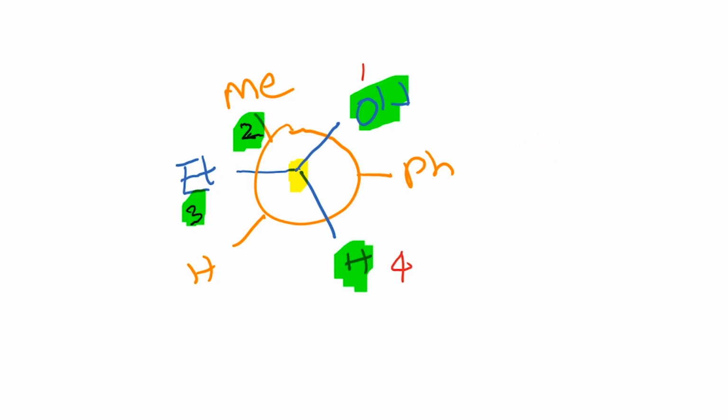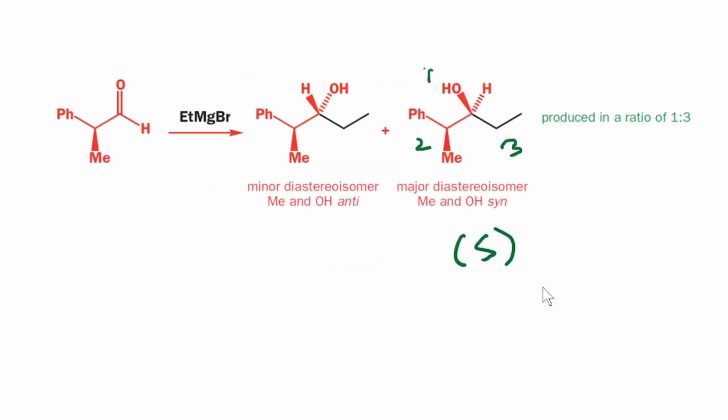And now if I have to look at it from this direction, then the hydrogen is actually remote to me, and it is in an anti-clockwise direction, and so I'm assigning this as S. So again, please go back and double check this and make sure that you're getting the answer correctly. And based on this, what I would predict is that the major product that is going to be formed is actually the S compound as shown here.